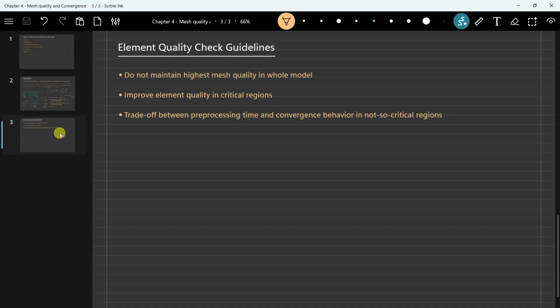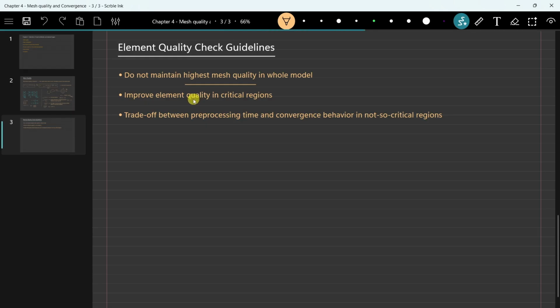Before moving to discussing element quality parameters, what should be our approach to solve a particular FEA model? From my experience, the first thing is that when we get the CAD model, we should not mesh the complete model with the highest mesh quality, because we don't want to spend a lot of time in pre-processing maintaining the highest mesh quality in each region.